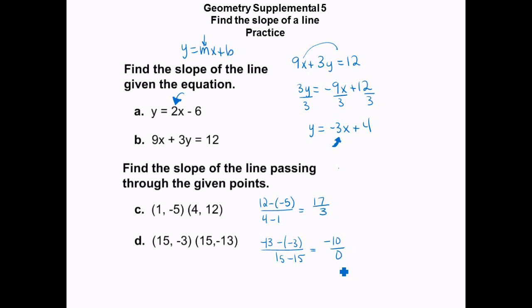And what happens when I have that 0 in the denominator? Is that allowed? No. So it's undefined. If you have a 0 in the denominator, it's undefined. If it's a 0 in the numerator, so if it was the other way around, that would just equal 0.